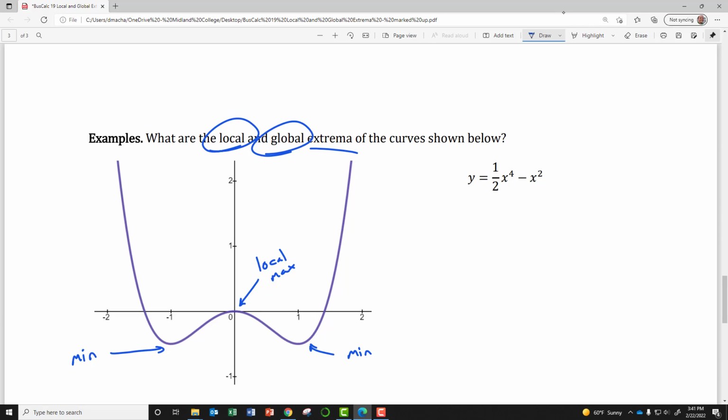There is only one value of the function which serves as the global minimum, but it occurs at two different places in the domain. So notice these values are the same value, but it occurs at two different places in the domain. So those are kind of both the global minimum, which is kind of weird.